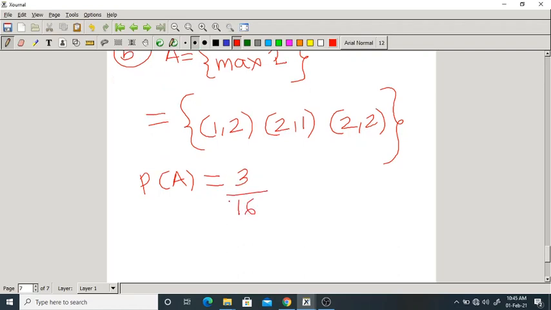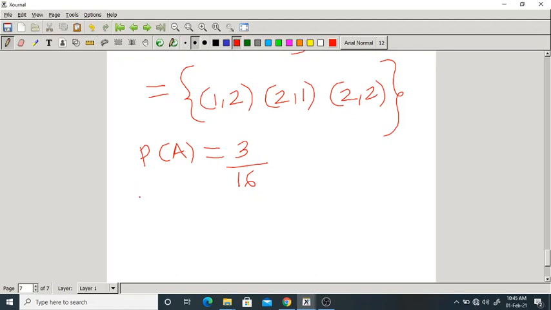Okay. Now what does event B say? Minimum 2.